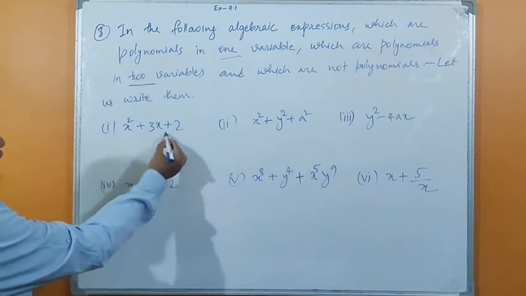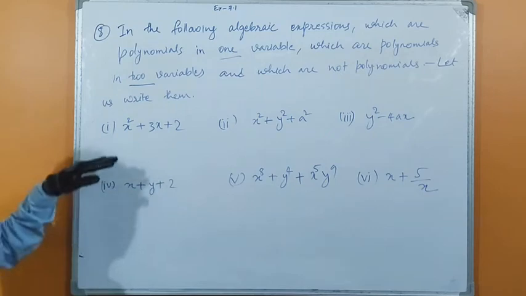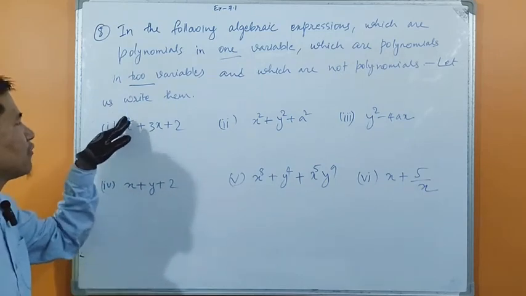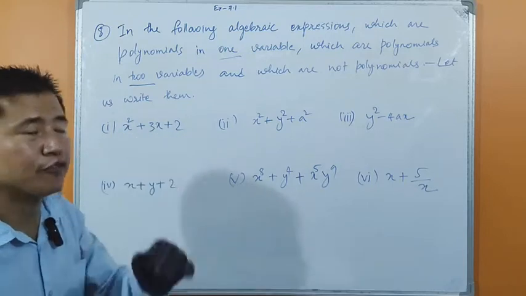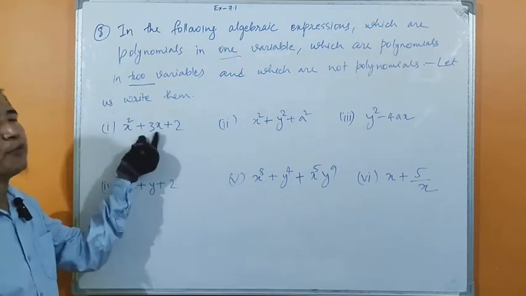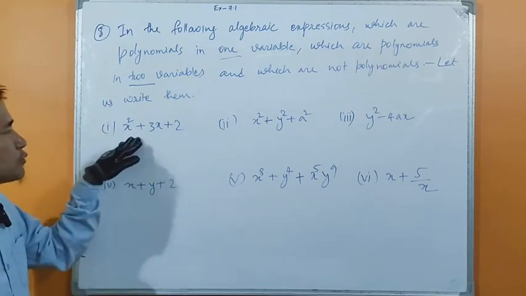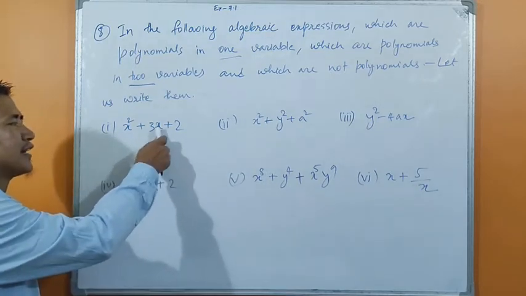First thing we need to see is whether this is a polynomial or not. Let us see the variable and the power of the variable. The power of the variable is +2 and here it is +1, which is a positive whole number, which means this is a polynomial. So this polynomial has how many variables? Only one variable, that is x.